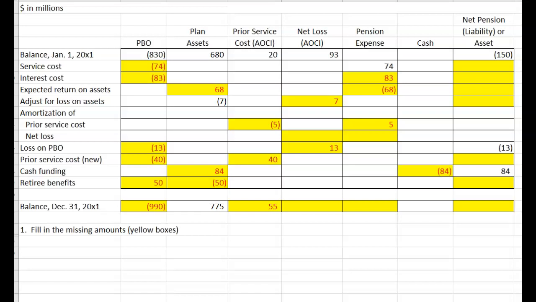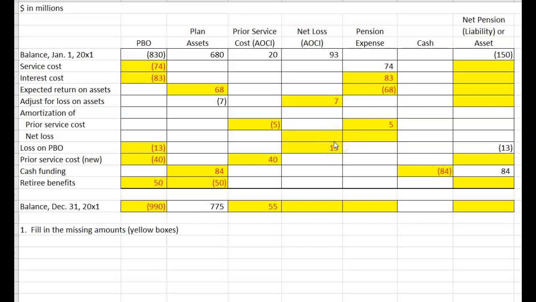Step 2, calculate the amount of the beginning net loss, AOCI, in excess of the corridor. Well, $93 million beginning balance minus $83 million corridor equals $10 million in excess of the corridor.